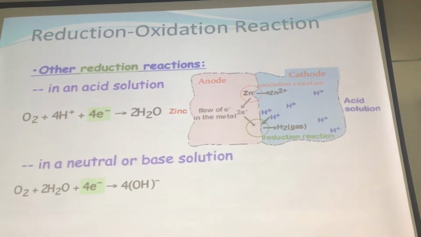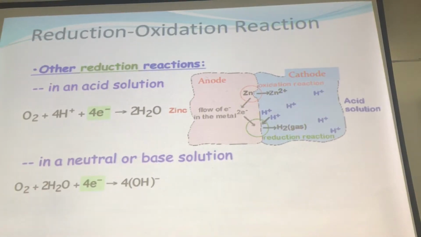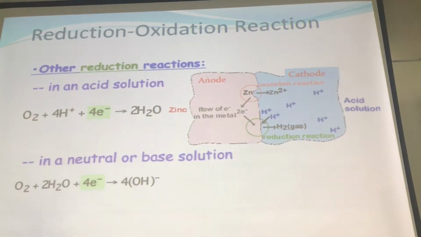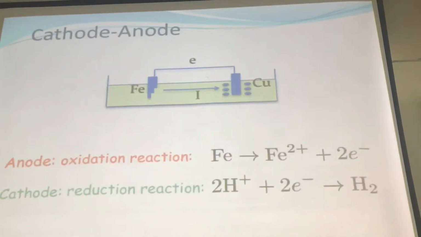Alright, next. In this case, it just gives certain examples of redox reactions that occur in acid and neutral or base solutions.